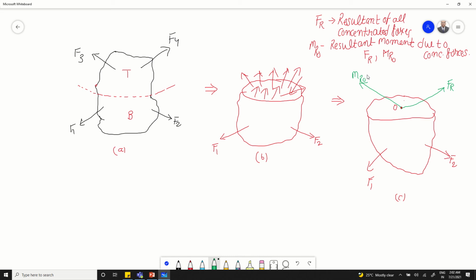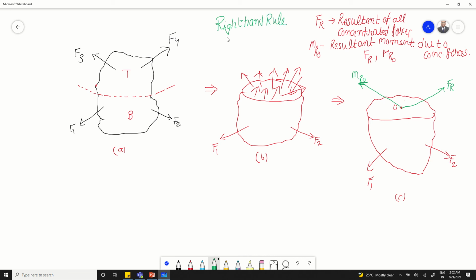Now in order to find the direction in which this resultant moment will act, we already know from the basics of engineering mechanics that we normally use the right hand rule.